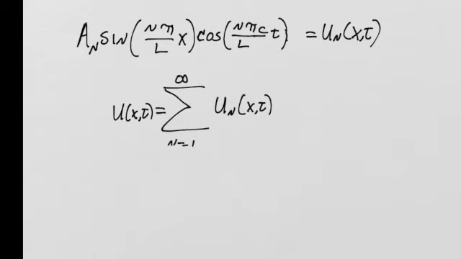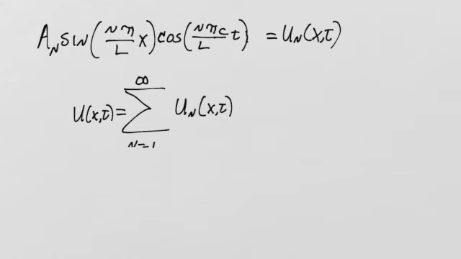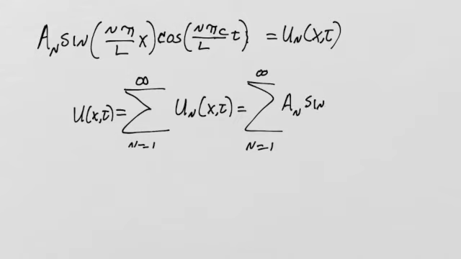It's the sum of all these Un's. So that is going to be the sum from n equals 1 to infinity of some number An times the sine of n pi over L times x, times the cosine of n pi c over L times t, right?